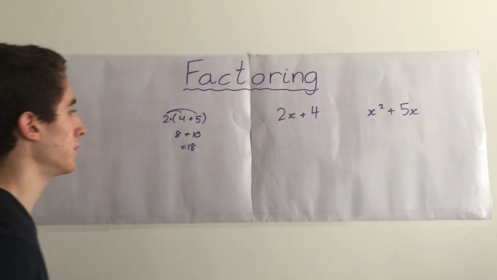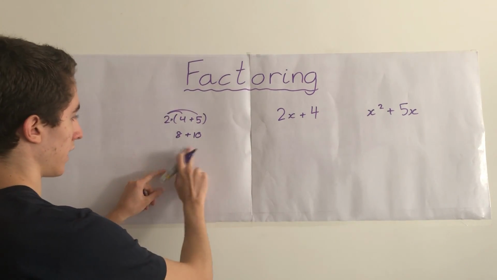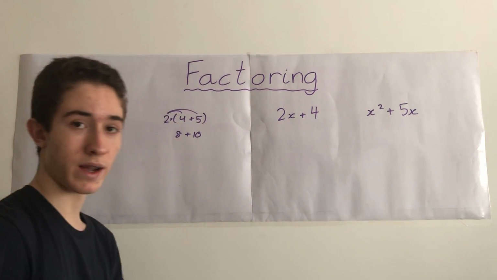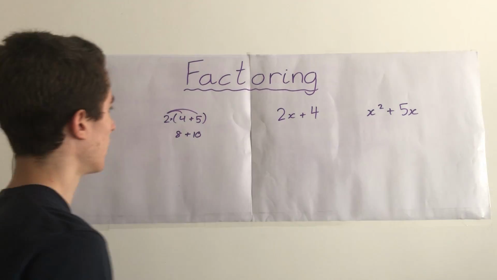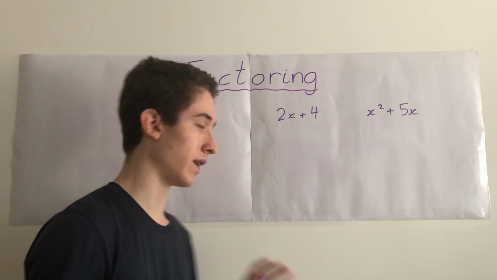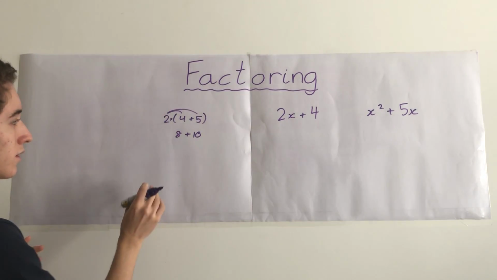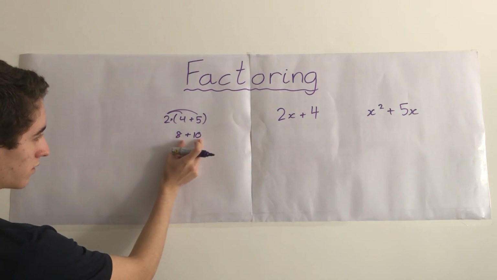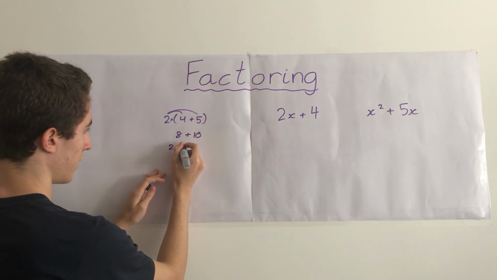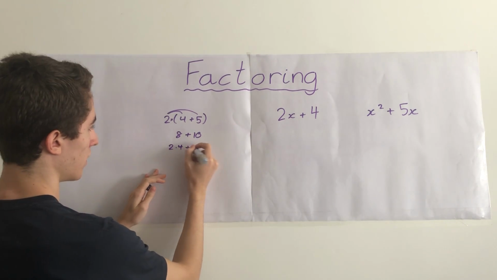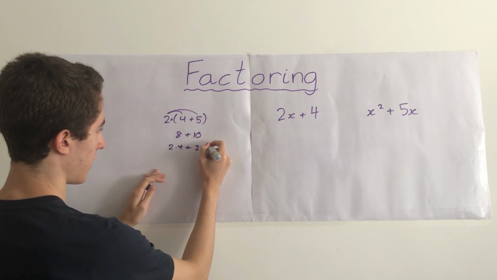But now, what if you had an expression like this, and you wanted to write it instead of added as some kind of multiplication? And the steps you do to find this is actually, first what I like to do is break down these numbers into different multiplied values. So 8 is the same thing as 2 times 4, and 10 is the same thing as 2 times 5, right?